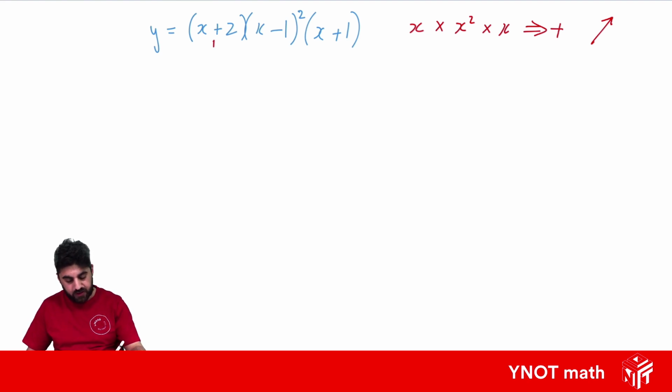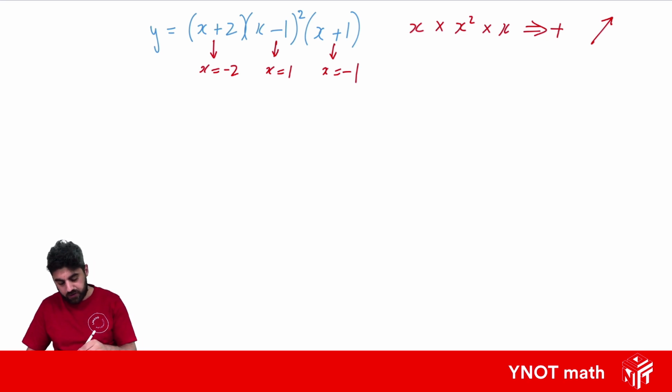Let's get all these factors. So when you make x plus 2 equal to 0, you'll get x is equal to negative 2. When you make x minus 1 equals 0, you'll get x equals 1. When you make x plus 1 equals 0, you'll get x equals minus 1. So these are our key points when we go to graph our polynomial.